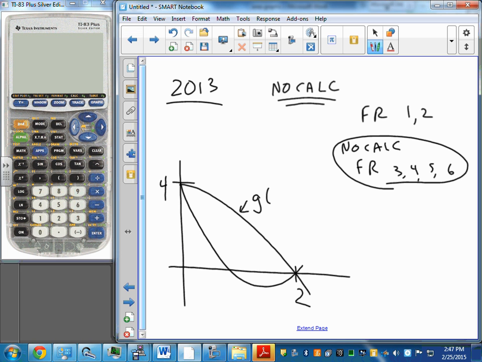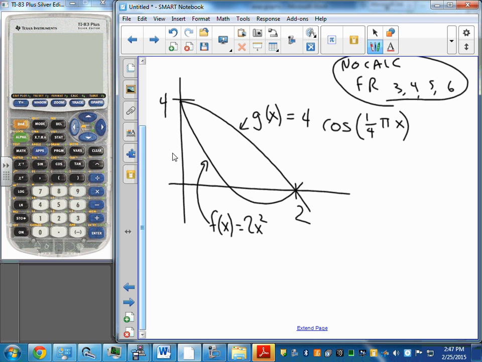Well, actually, it's not given as the cosine. You had to know that the cosine is on top for cosine of 1/4 pi x, and the parabola is on the bottom, which is f. And again, 2x squared minus 6x plus 4. And the task is find the area.